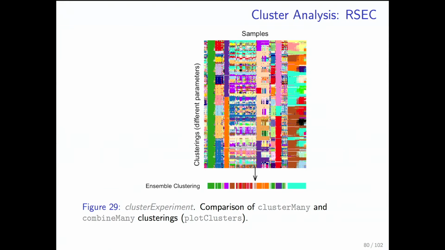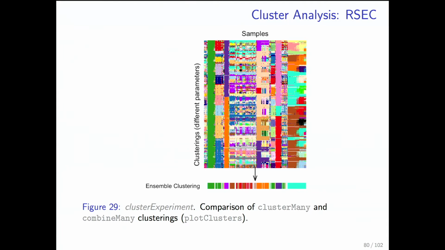Thank you. Okay, so I'll just show you quickly some results from applying RSEC to our olfactory epithelium data set. We applied a whole bunch of base clustering algorithms. This is a plot where rows correspond to clustering algorithms, like k-means with different k's, with different numbers of principal components, with different ways to resample the data.